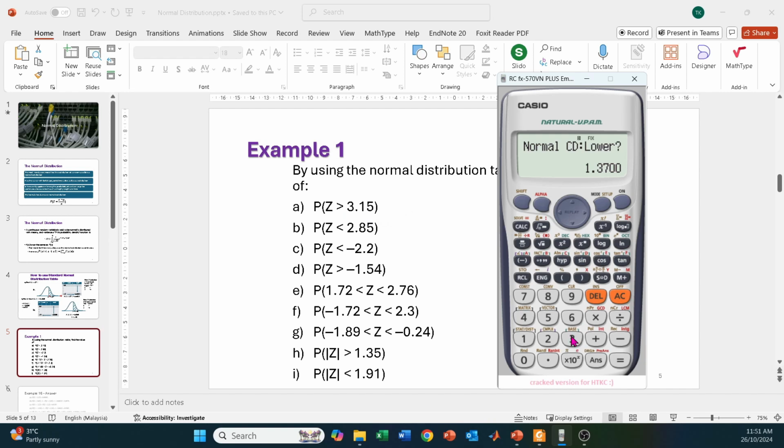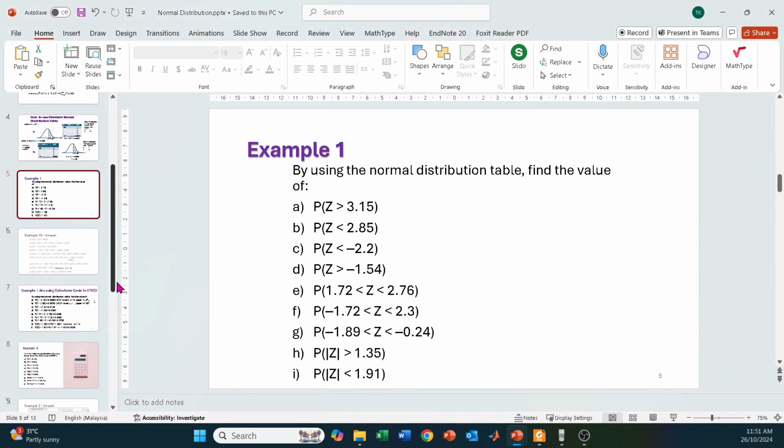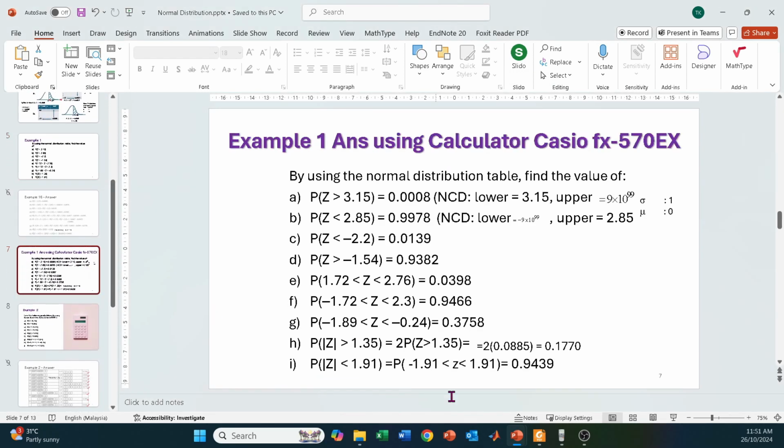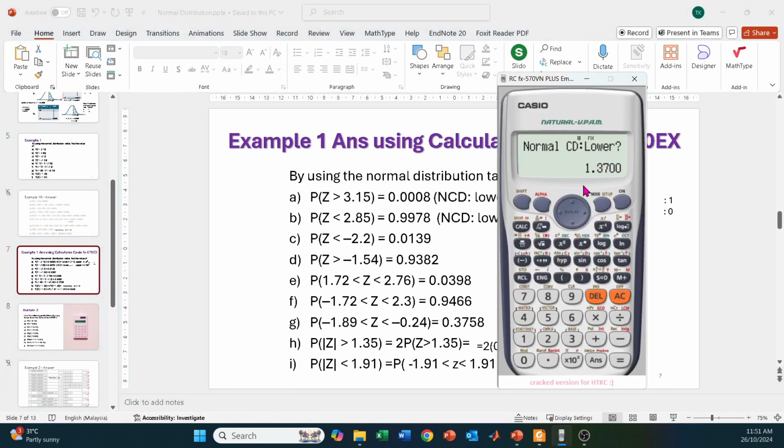So the minimum value is 3.15, and you can see lower, upper, and then sigma, mu on the next screen. Upper is correct there. Standard deviation is 1, mean is 0.